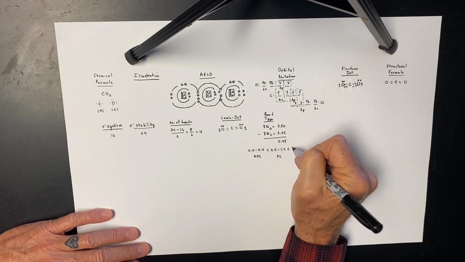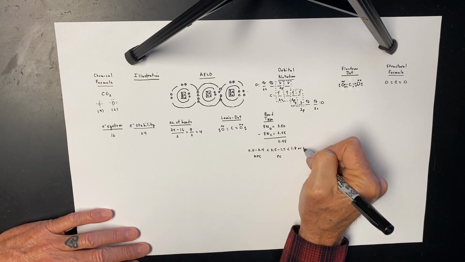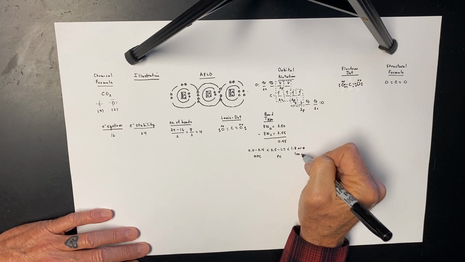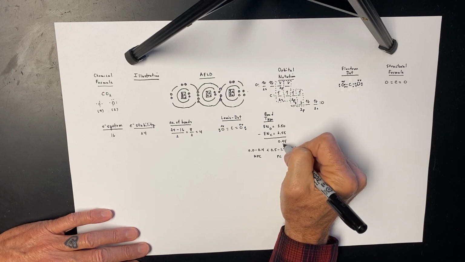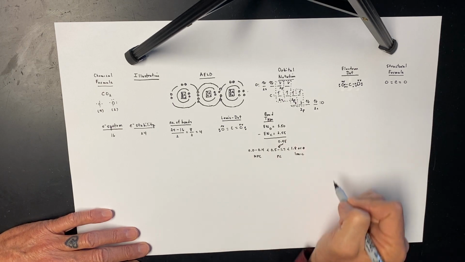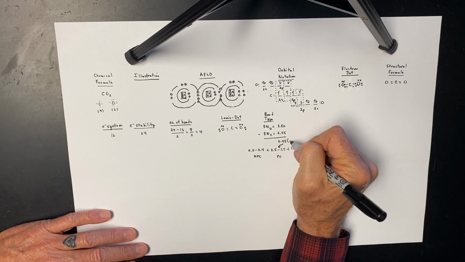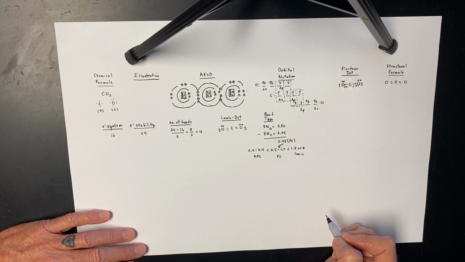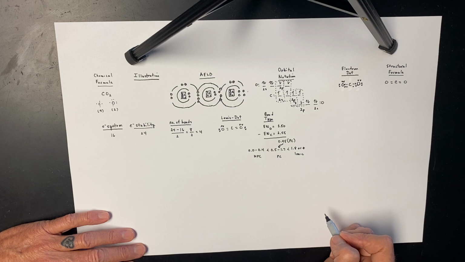And if it's 1.8 or greater, we say that a bond is ionic. 0.95 pretty much is in the middle of that polar covalent range, so we'll refer to this as being polar covalent.